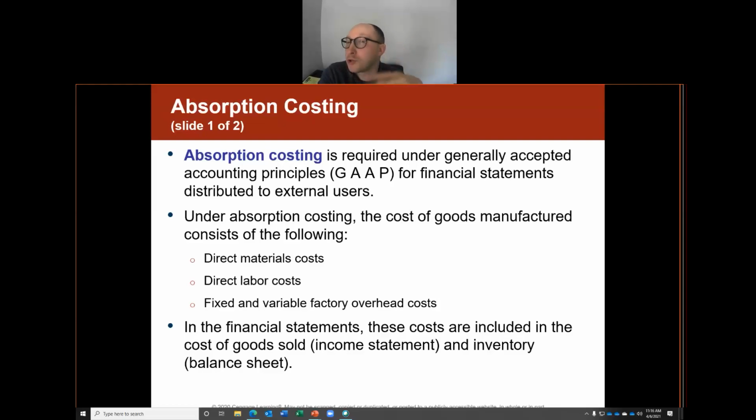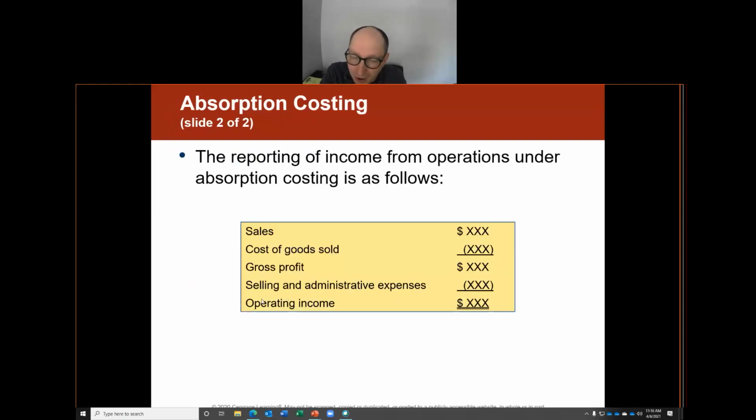That's why we call it absorption costing. And these costs, as you know, are found in the cost of goods sold on the income statement, and of course it's also on the balance sheet as inventory.